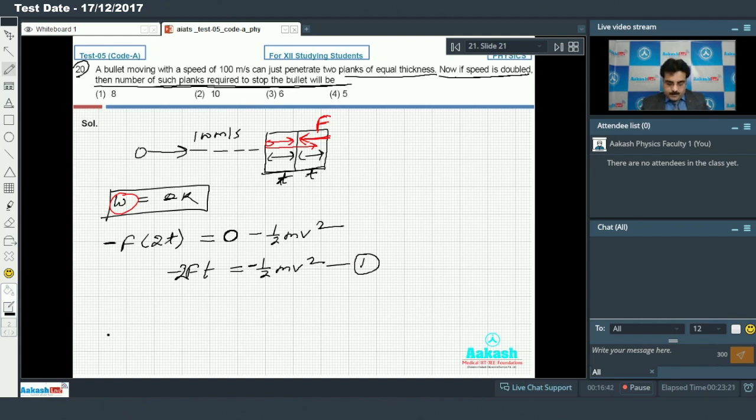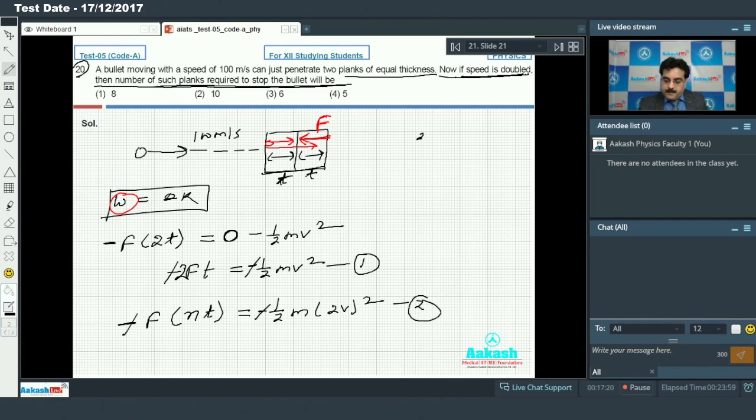If I use the same equation, we'll write force F, and if I consider the number of planks is n, the total displacement will be n times t, negative sign will be there, and that is equal to half m into 2v whole square. Why are we going to use 2v? Because the question says speed is doubled, and minus sign will be here. So minus minus will cancel out for both equations.